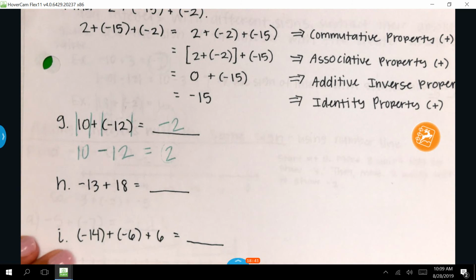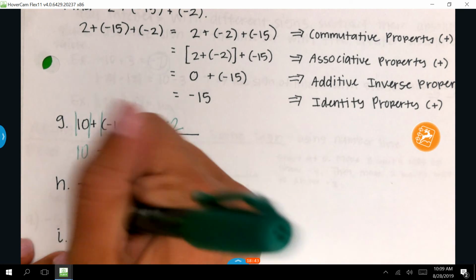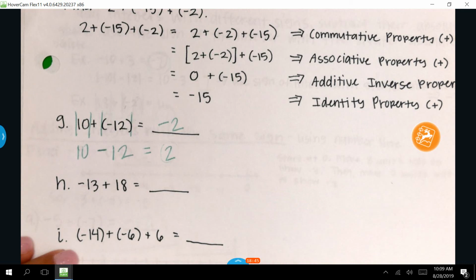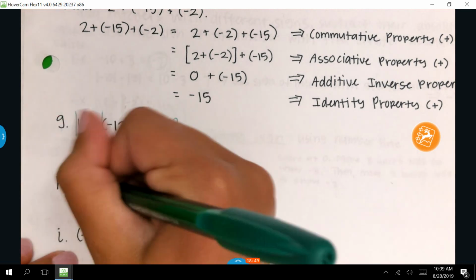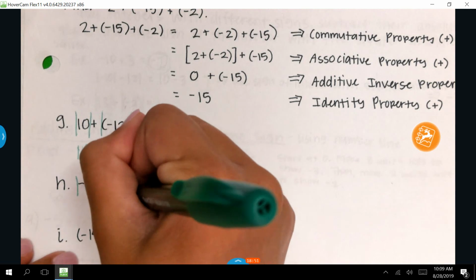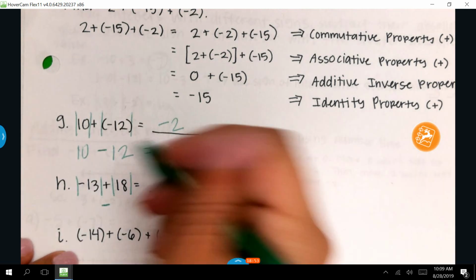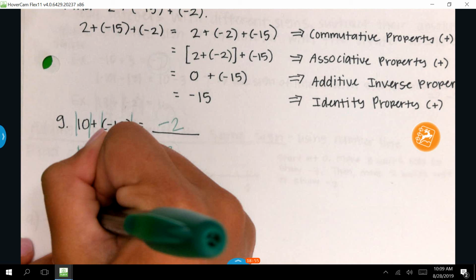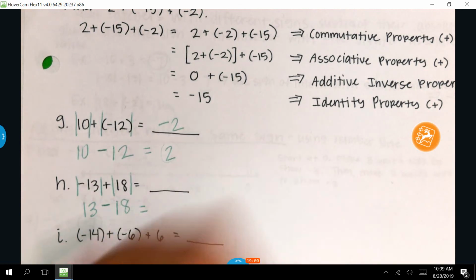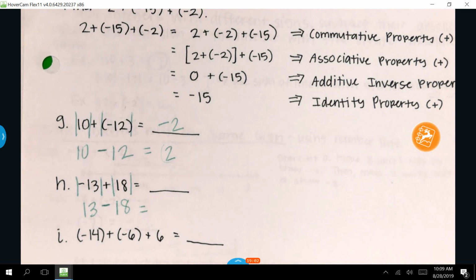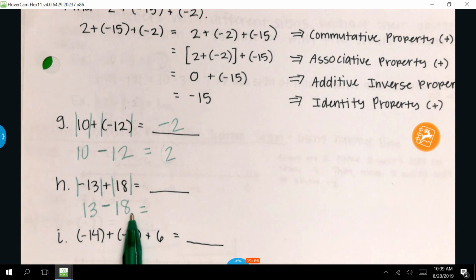Okay. Alright, H. Same signs or different? Different, so I'm subtracting. I want to subtract those absolute values. So the absolute value of negative 13 is? Absolute value of 18. Here's where you might think it's tricky. 13 minus 18 technically is negative 5, right?